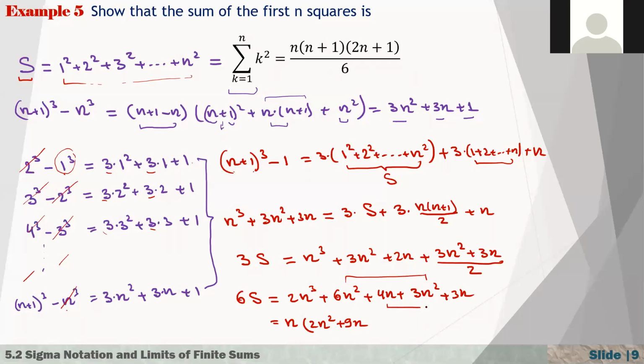And here we have 4 plus 3. Okay, we multiply both sides by 2. So it is 2n cubed, 6n squared, plus 1 minus 1. All right. So is that supposed to be minus?